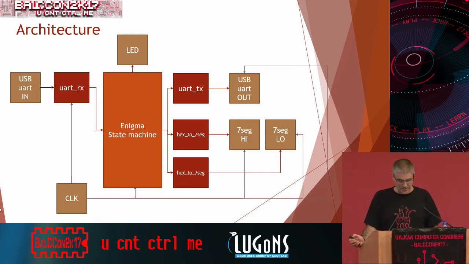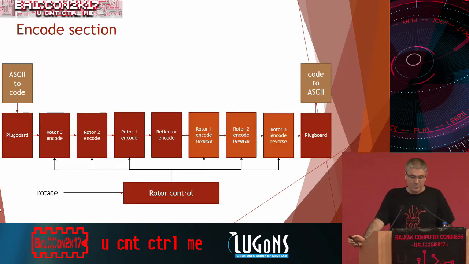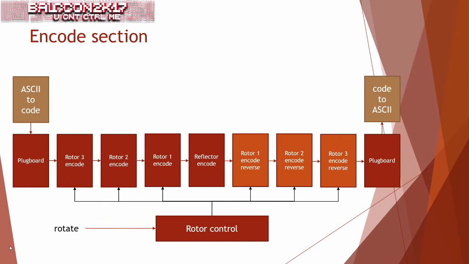And that's about it. This encoder section is what we actually saw in the previous images. We will have the ASCII code coming in, going to the plug board, rotors 3, 2, 1, reflector, 1, 2, 3, plug board, and then we have the output. That's how the real thing works, and we will just do that, with no changes there.